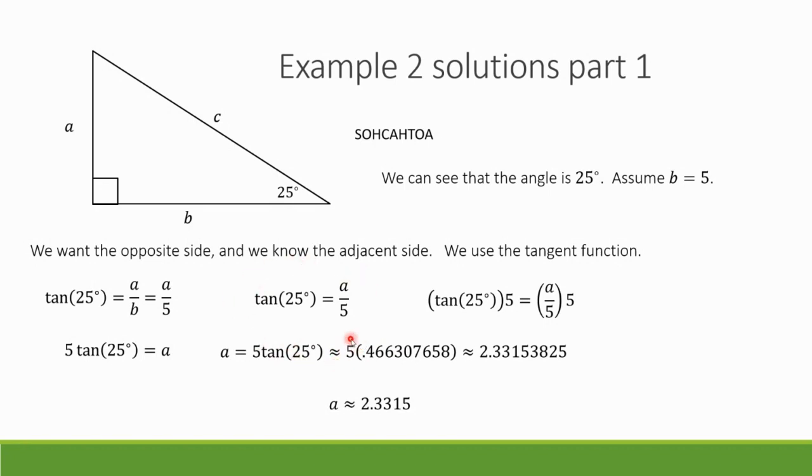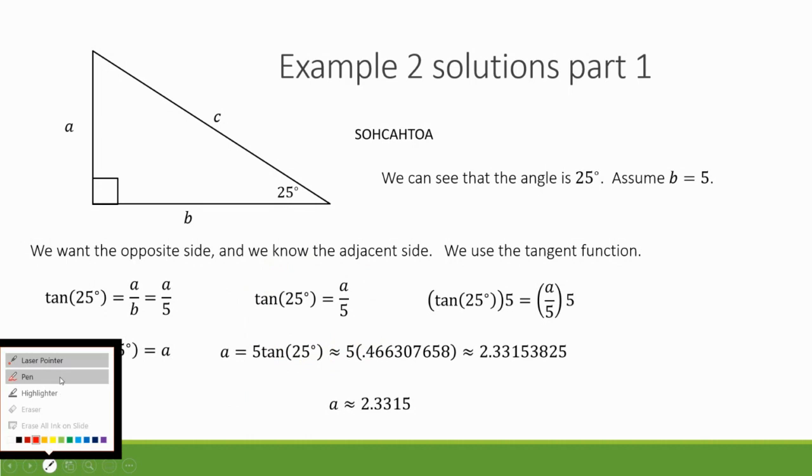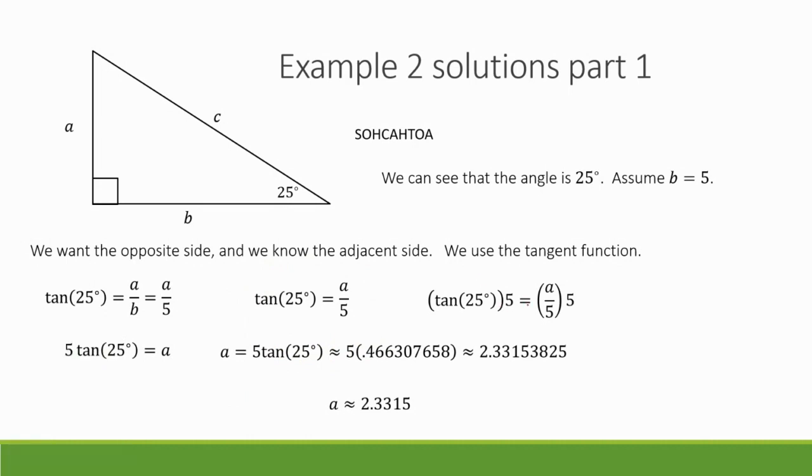Well, we just multiply both sides by 5. The denominator goes away, and we're left with tangent of 25 degrees times 5 equals A, which is the same as 5 times tangent of 25 degrees is A.